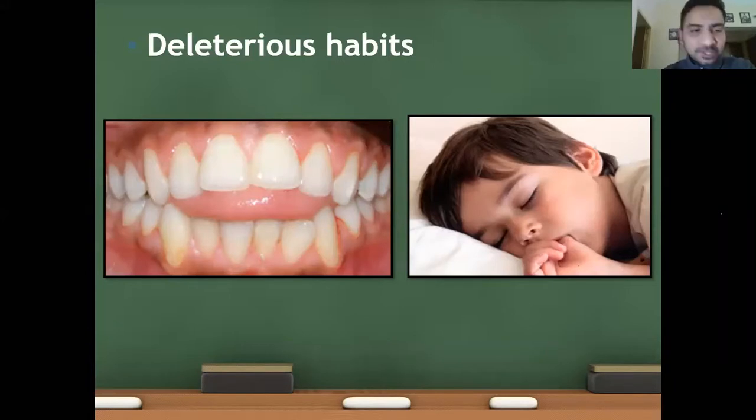So there are different procedures of stopping those habits. Probably we'll discuss in the chapter of habit, or we have already discussed in the Department of Periodontics. So one of the preventive orthodontic procedures is eliminating the deleterious habits from the children. I will not discuss further on this particular point.